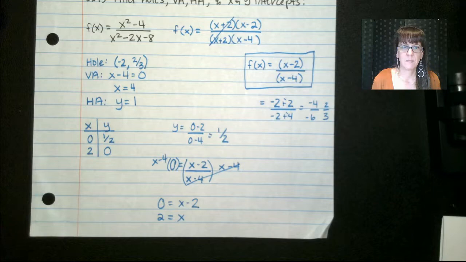So 1, 2, 3, 4, just like this, and put a little dashed line indicating my vertical asymptote. And then we have a horizontal asymptote at y equals 1. The next thing that we know are our intercepts. We go over 0, up 1/2, so about right there, and then over 2, up 0. Okay, so we can already see that this graph is starting to take shape.